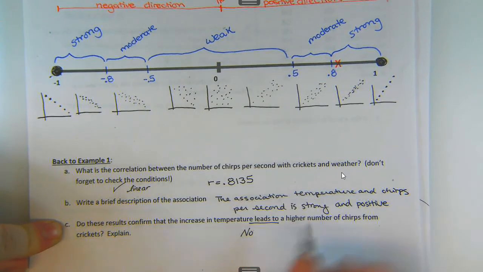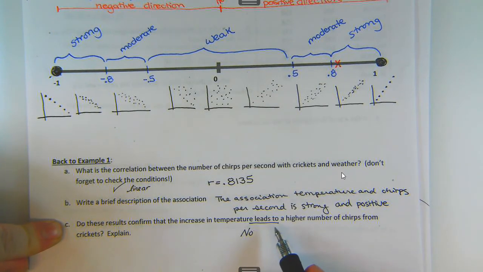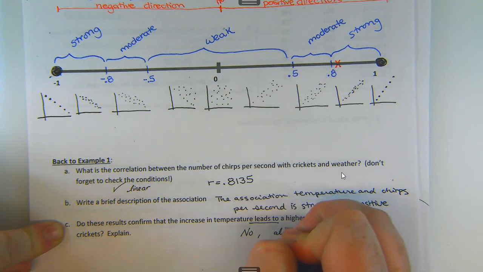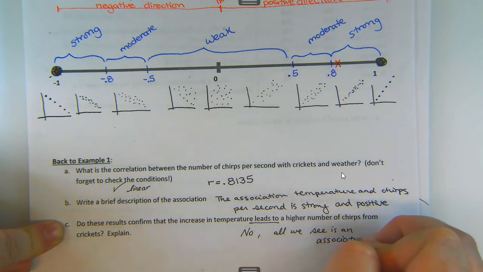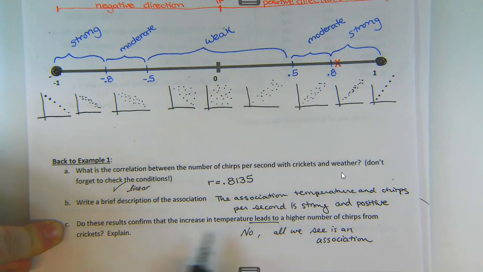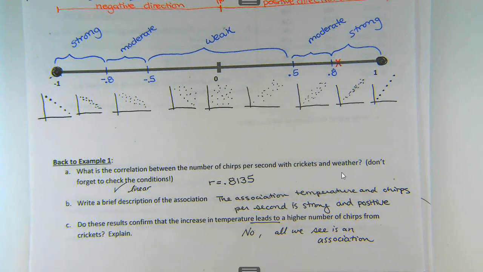No. That wording is too definite. We don't know cause and effect. All we see is an association. Overall, there's a trend that as temperature increases, chirps increase as well, but there could be some other factors that are actually causing that relationship.